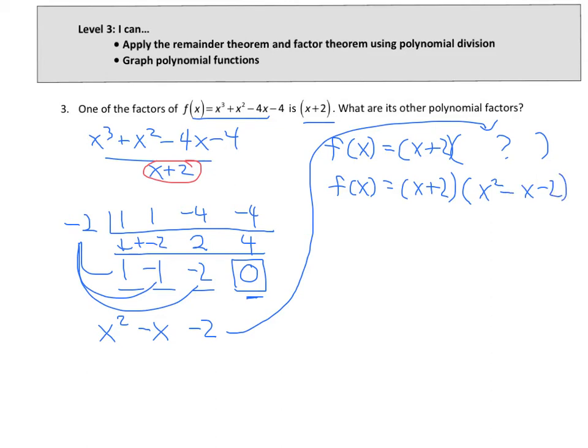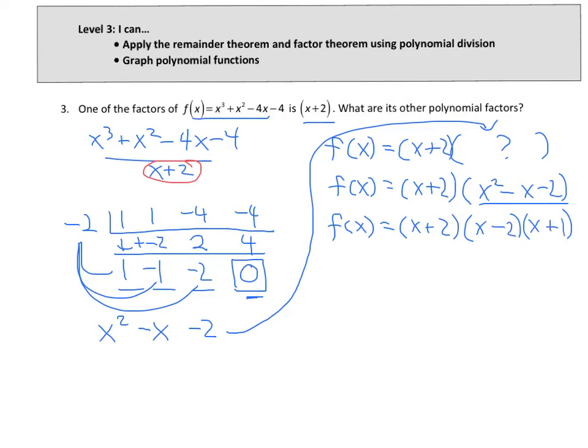And now I have something, it's not completely factored, but I know how to factor a quadratic expression. So the rest I can do just by factoring. So I factor x squared minus x minus 2 into two binomials, and we get x minus 2 and x plus 1.